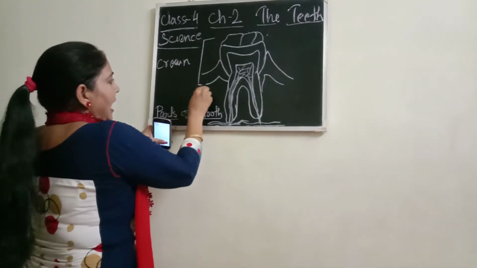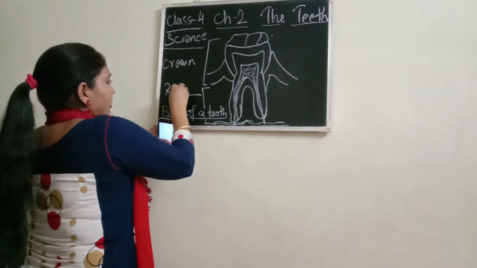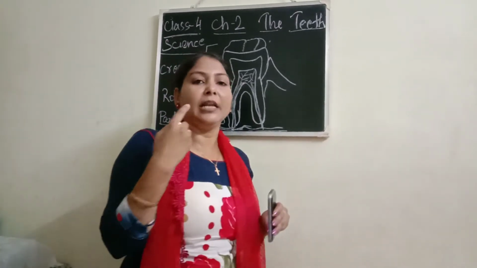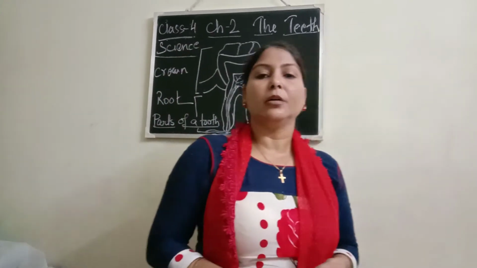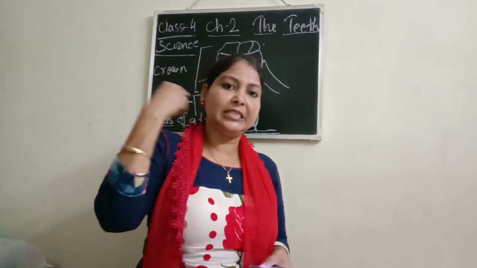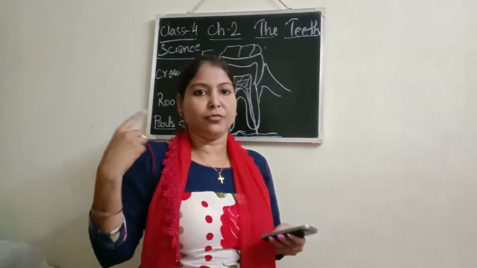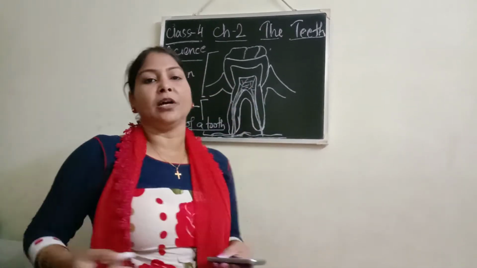C-R-O-W-N, crown. And the part which is not visible, it is called root. You can also see in the book, the part which is visible, that is the gums and the white part. That is only visible, so that comes under crown.